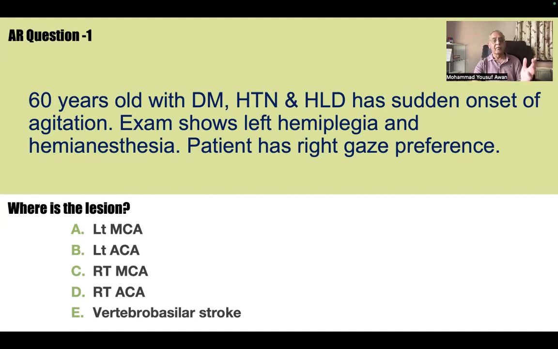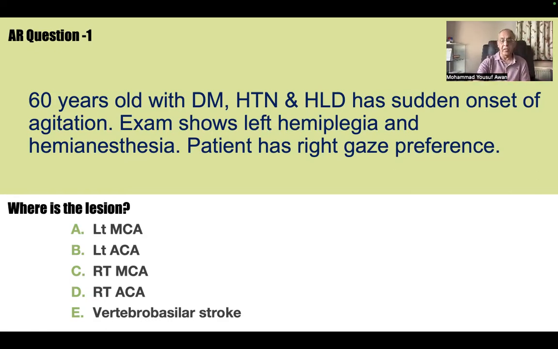So left hemiplegia and left hemianesthesia mean the lesion is in the right hemisphere. The right hemisphere means right circulation. And right gaze preference: in a stroke patient, usually the gaze is toward the side of the lesion. But in epilepsy or seizure activity, the gaze preference is to the opposite side of the lesion.